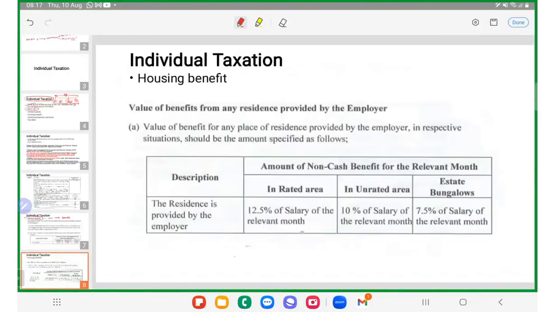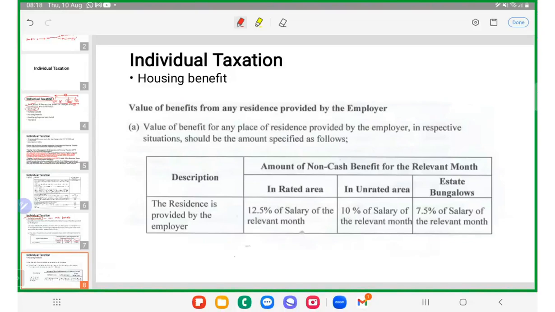Regarding the housing benefit also, I will quickly go through these things because those are not hard concepts to understand. Housing benefit, previously, if you can remember, the previous tax rule was that you needed to get the housing benefit after evaluating your monthly remuneration.